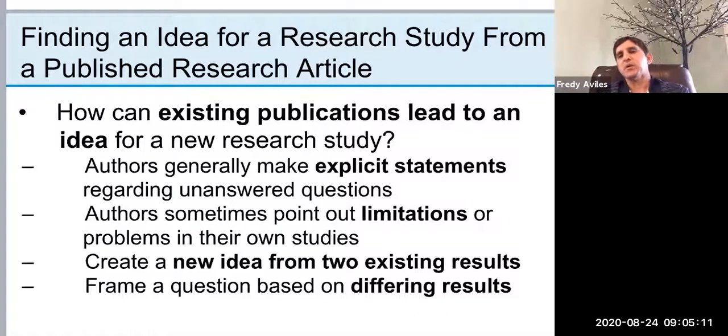Authors sometimes point out limitations or problems with their own studies. They'll point out that the study was done with mostly white people, white women specifically, white participants that are relatively well off, because that's where research is done at the university level, and those people are relatively privileged.